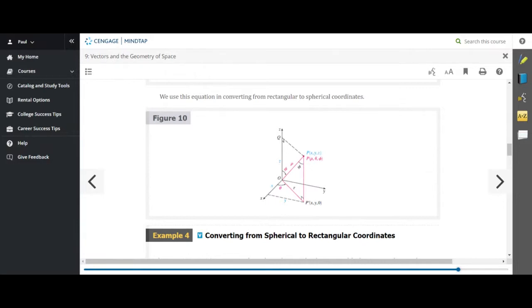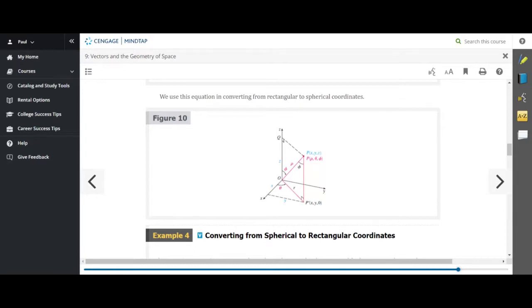If you look in the xy plane, the cosine of theta is equal to x over r.